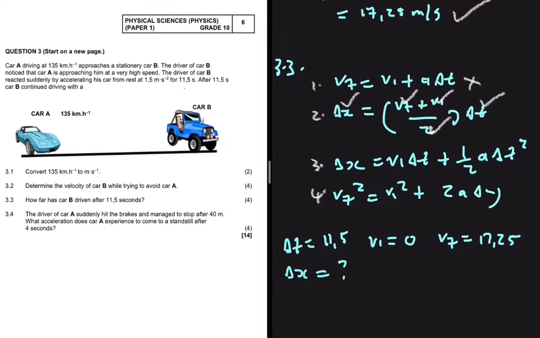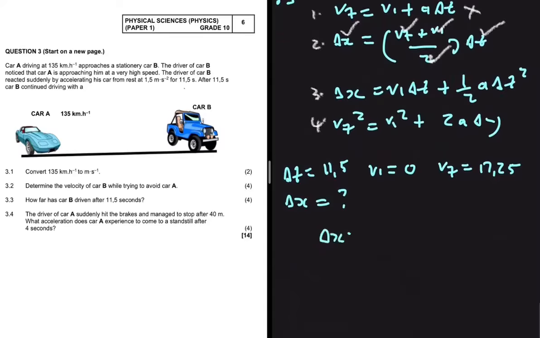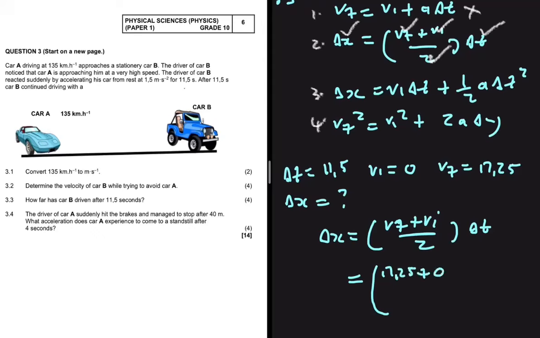So now we're going to say that delta x is equal to (VF plus VI) divided by 2, multiplied by delta t. So delta x will be equal to what is VF? VF is 17.25. We calculated it in the question above, plus VI, which is equal to 0. Everything divided by 2.